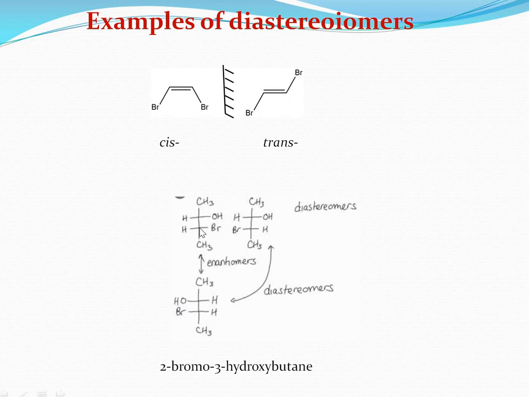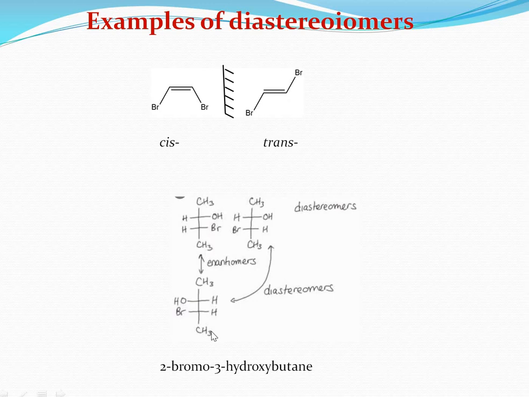Only this carbon has the opposite configuration. In the case of second and third, the OH is on the left hand side in one, while in the second, OH is on the right hand side. So 1 and 2 are diastereomers, and 2 and 3 are also diastereomers.